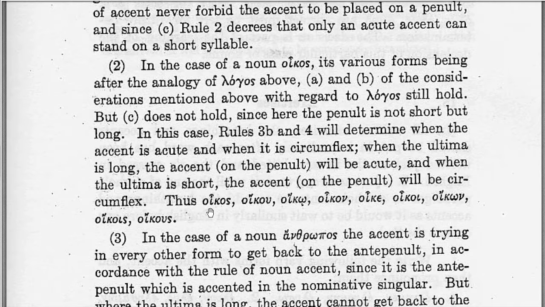So here's some examples here. You have oikos. The omicron is short. This is long. Therefore, you'd have the circumflex above the penult. Second word, oikou. Well, the omicron upsilon is long, so you need the acute above the penult. How about here?